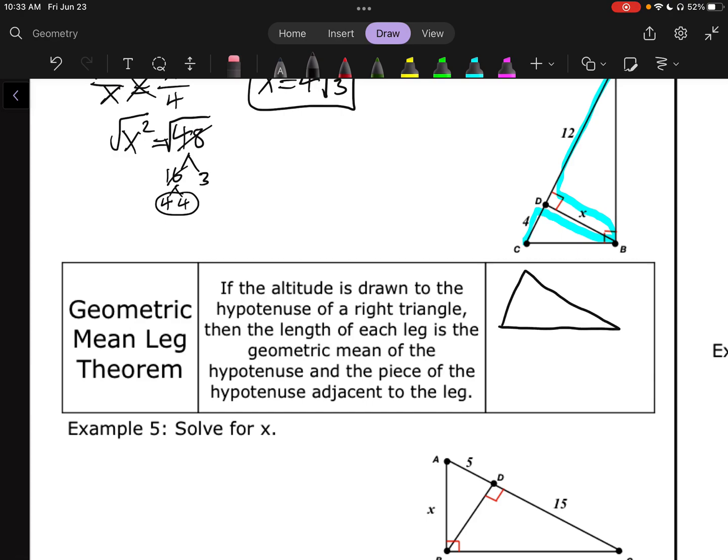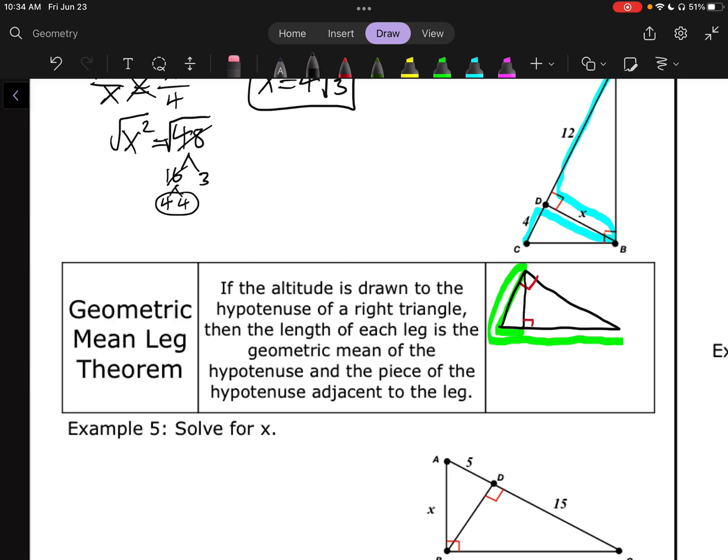same kind of drawing here. But this time we are not dealing with the altitude. We're dealing with one of the legs of the right triangle. So this is going to look like this. We're going to go the piece, down the leg, back down the leg, and then down the whole hypotenuse.